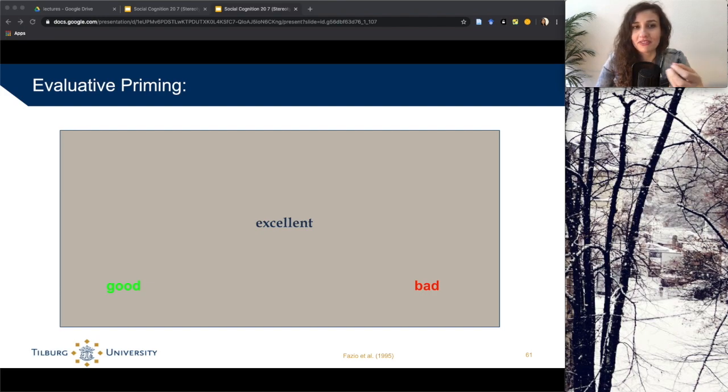And the target stimulus, excellent, would always be categorized as good, but it will be done so more slowly than wonderful in the previous trial.